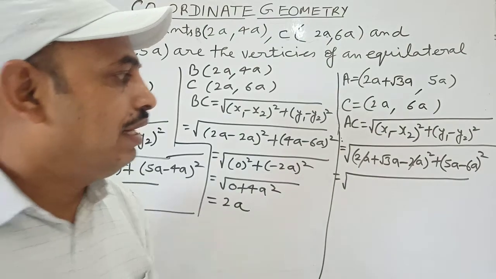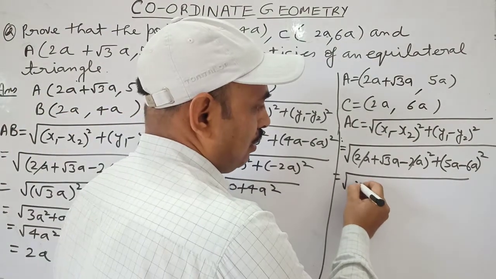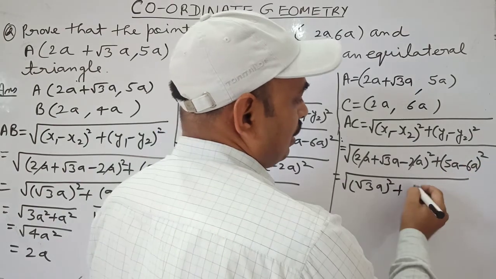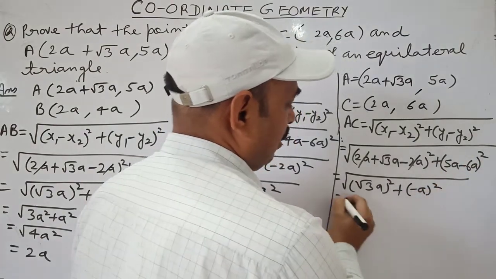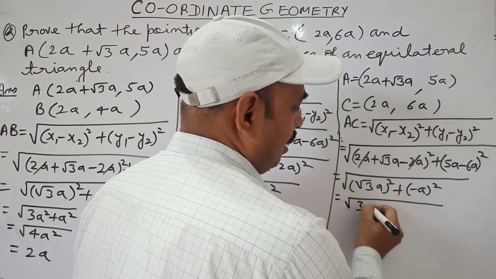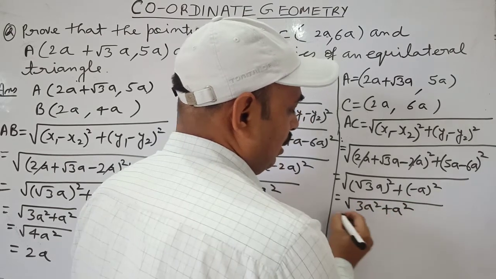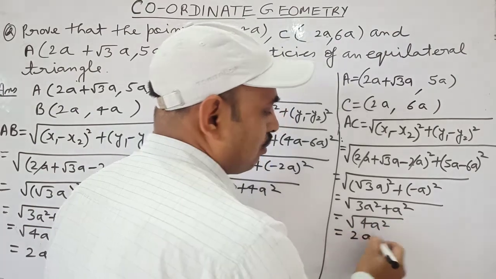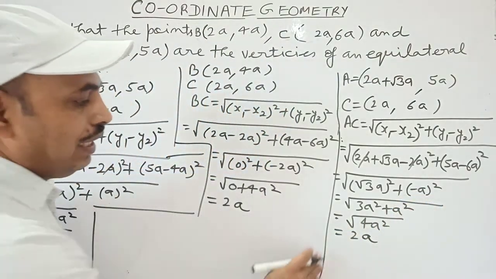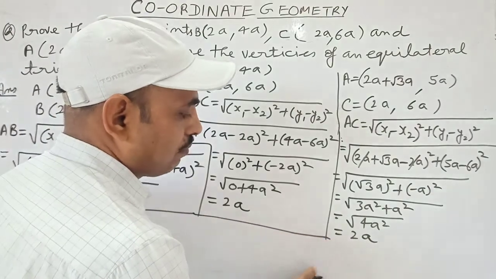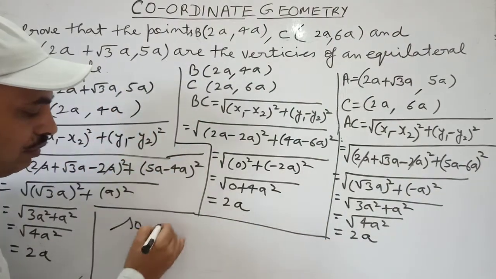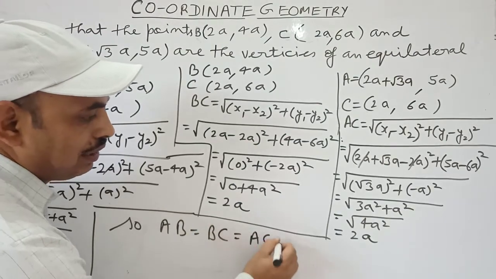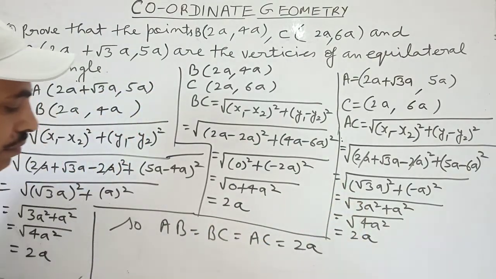Root 3a square is 3a square. 5a minus 6a is minus a, square. So 3a square plus a square equal to 4a square, which is equal to 2a. So finally AB equal to BC equal to AC equal to 2a.